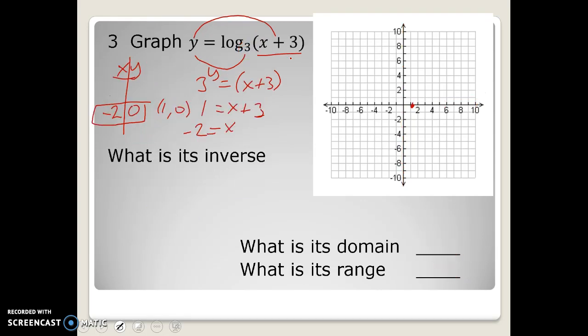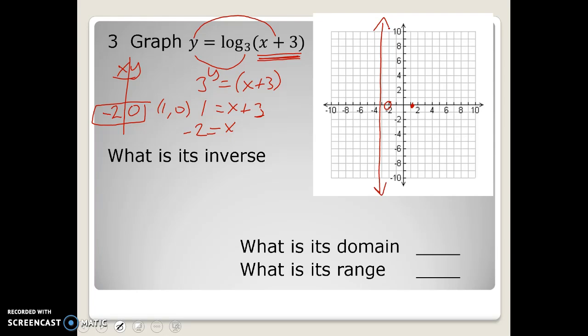It took the first point and moved it 3 spaces, and it's going to take every point and move it 3 spaces. So this x plus 3 actually shifted the whole graph 3 units to the left. So I can start 1, 2, 3 units to the left. This is my asymptote, where the line approaches but never touches.